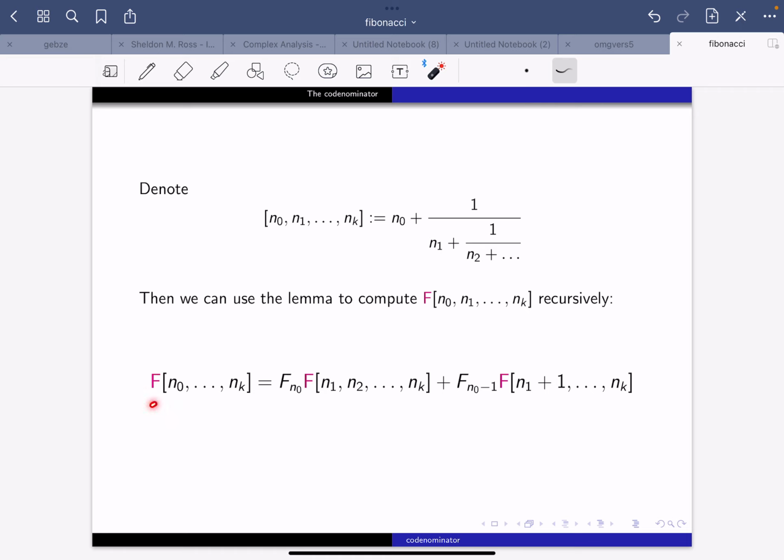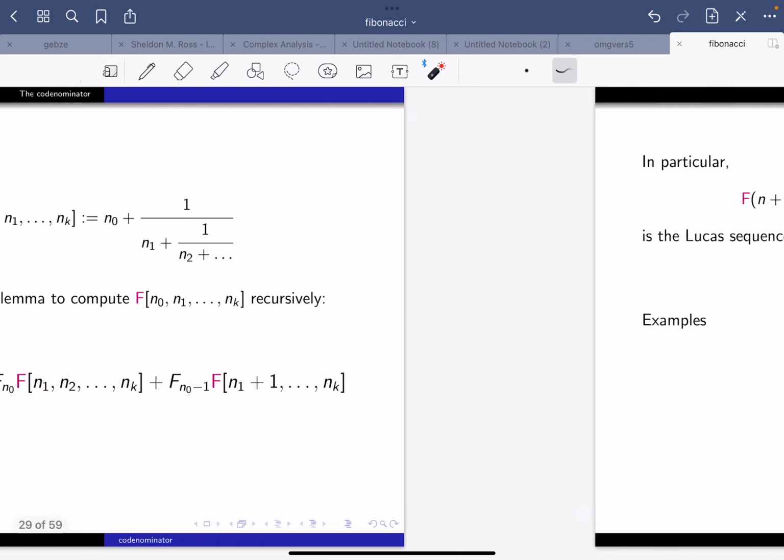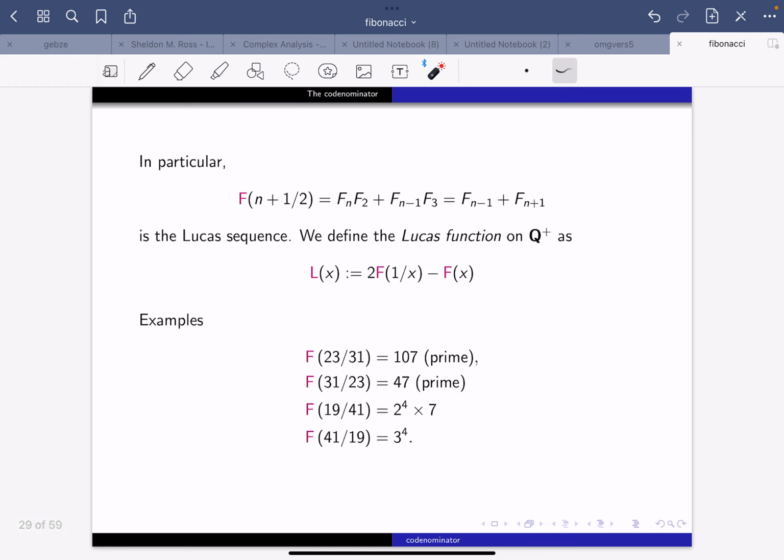So f of [n0, etc., nk] equals the n0th Fibonacci number times this continued fraction plus the (n minus 1)th Fibonacci number times this continued fraction. In particular, the codenominator of half positive integers equals F_{n-1} plus F_{n+1}, which is the Lucas number.